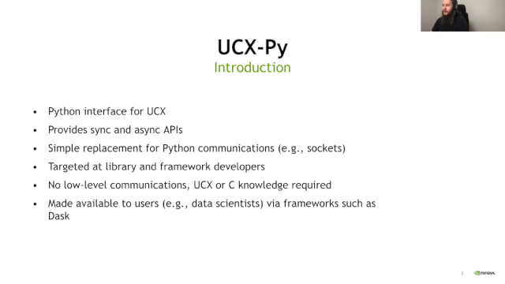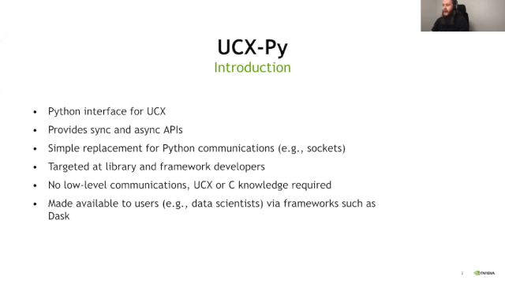UCX-Py is intended to be a simple replacement for Python communications, such as sockets, and thus we provide a similar interface, but today it's not identical to the Python sockets one. UCX-Py is targeted at library and framework developers, since Python users tend not to handle communication at the application level directly.